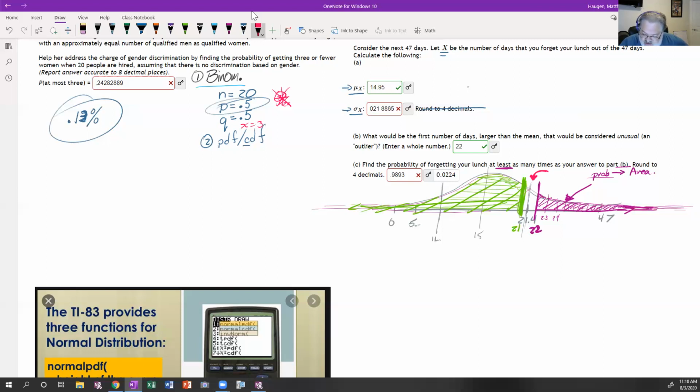There's this gap here. Because we're talking about individual numbers of successes, there's nothing in between that 21 and 22. So that gap is empty. Fair?